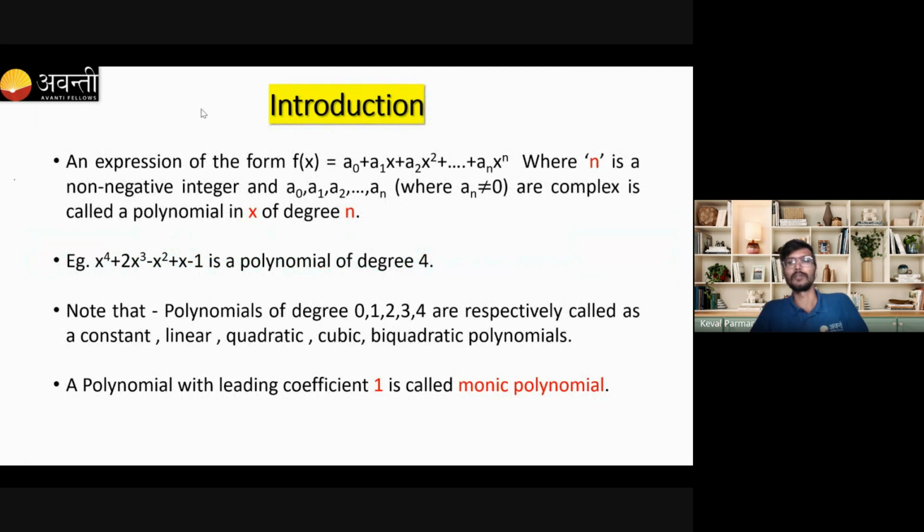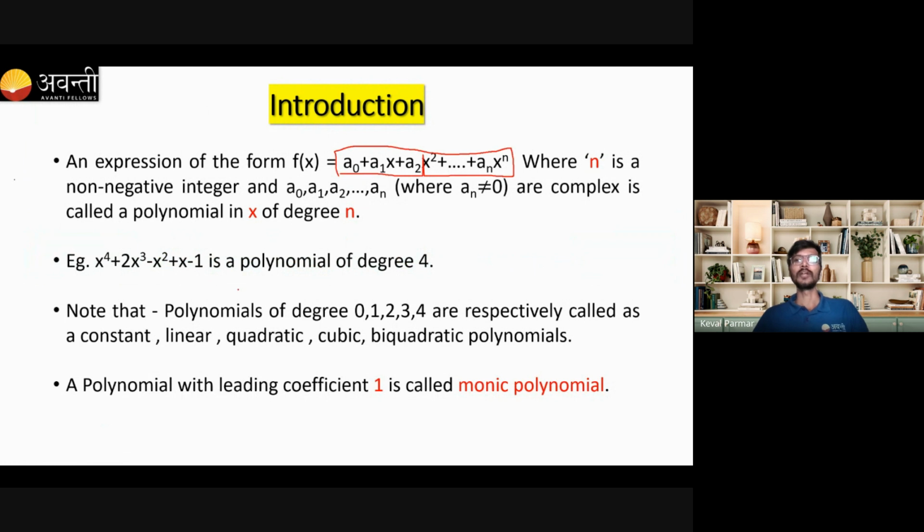So here's the introduction. A quadratic equation is basically a polynomial where the highest power is 2. As you can see here, this is the general equation of a polynomial.